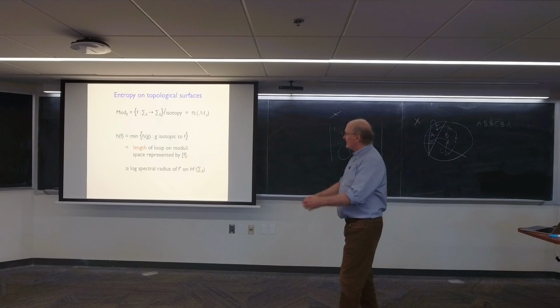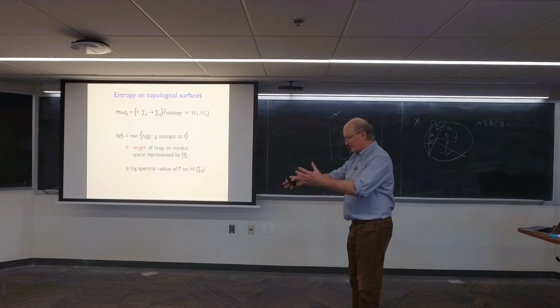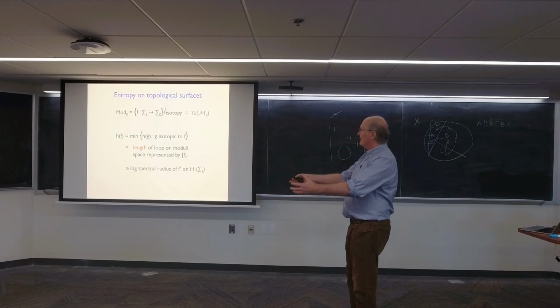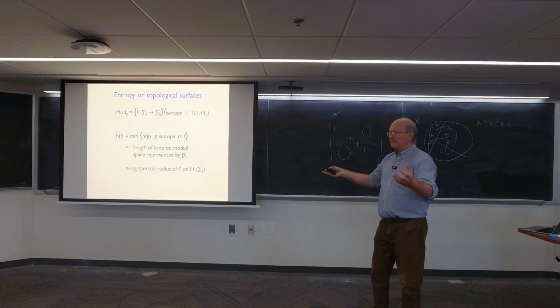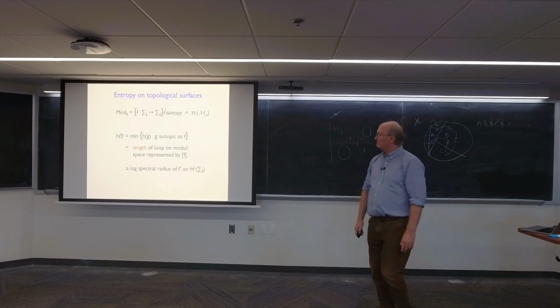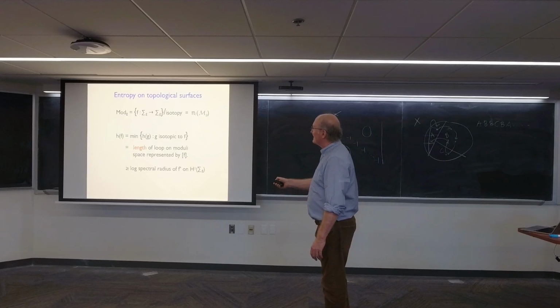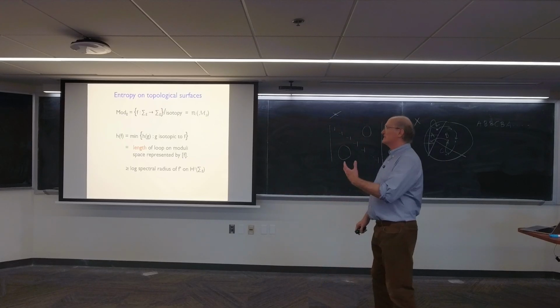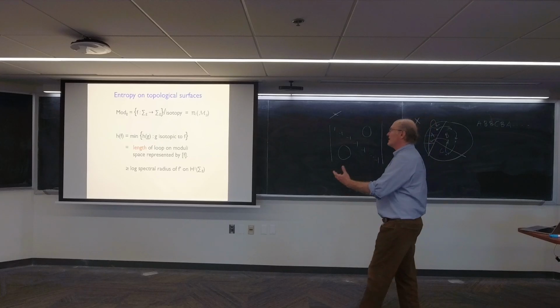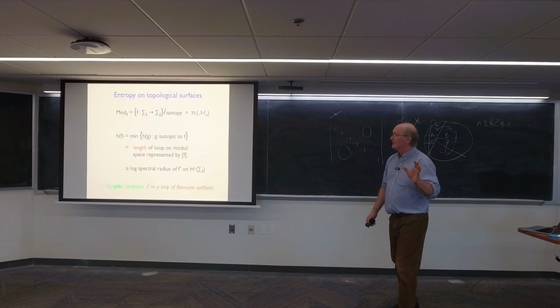So there's an analogous question that lives in the world of real surfaces, and it's a more topological question. And the question is, what is the length of the shortest loop on moduli space for each genus g? And this is tantamount to, again, finding, so to speak, the simplest automorphism of a surface of genus g. We want to find an automorphism of positive entropy, but where the entropy is small.